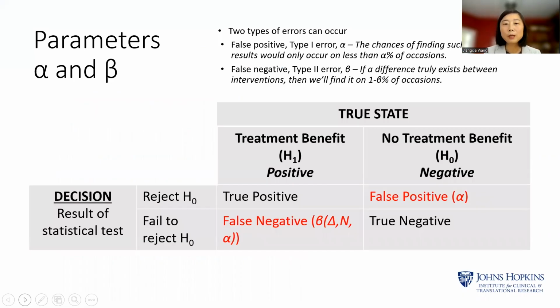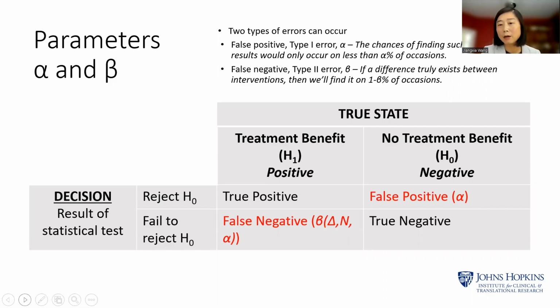So if we think about this kind of setting in research, we see a 2x2 table shown here. This 2x2 table shows us the result of comparing the decision made from a statistical test to the true state for treatment benefit.